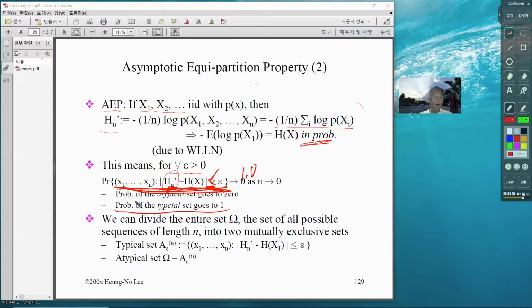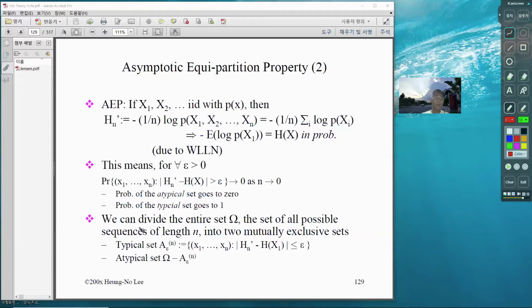So the probability of the typical set goes to 1. Probability of the atypical set goes to 0 due to the definition of convergence in probability. So having said that, the following statement follows. I mean, the following statement makes sense, okay?